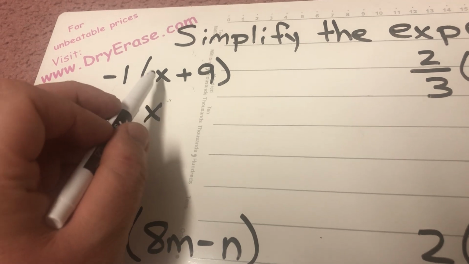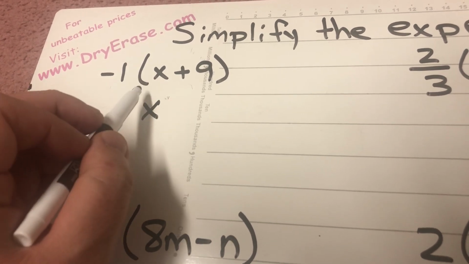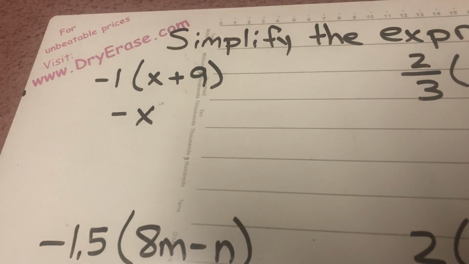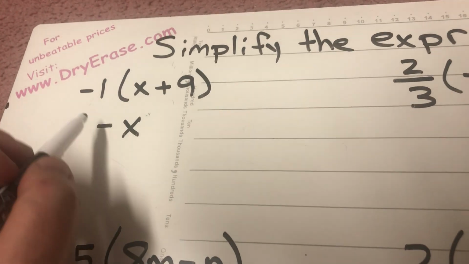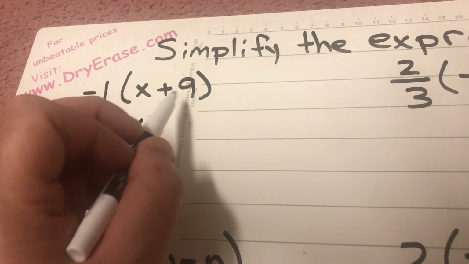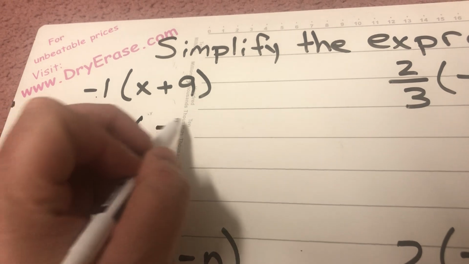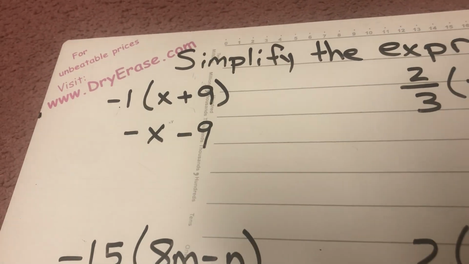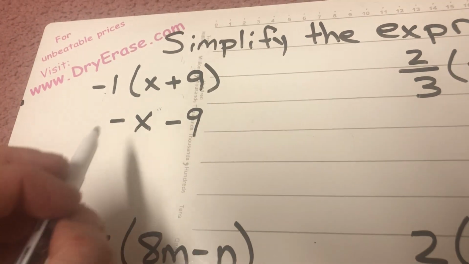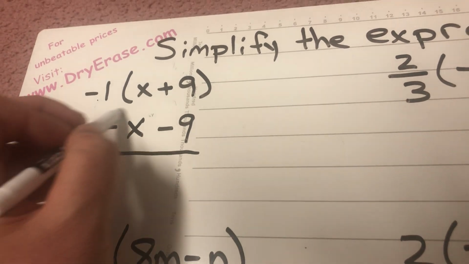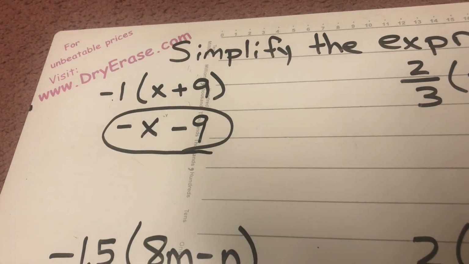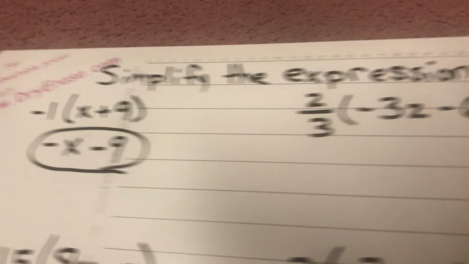Negative 1 times 1 equals negative 1. Not going to put the 1 there, so it's just negative x. Negative 1 times a positive 9 is a negative 9. There's no like terms to combine there, so my final answer is negative x minus 9.